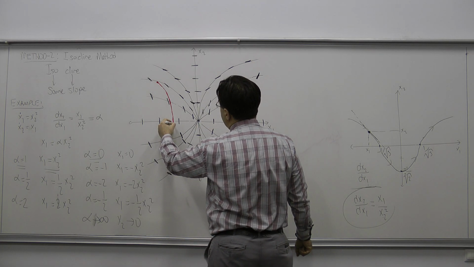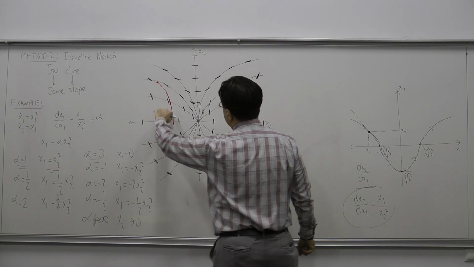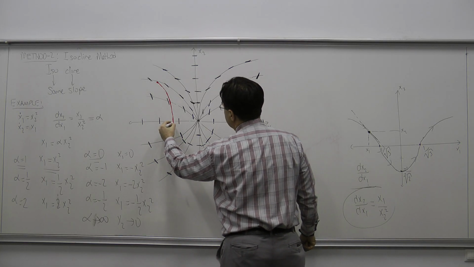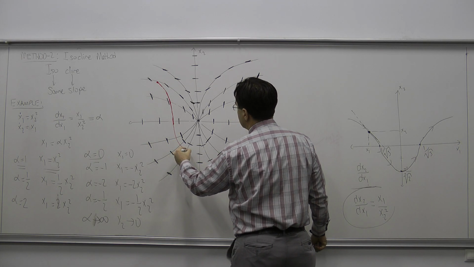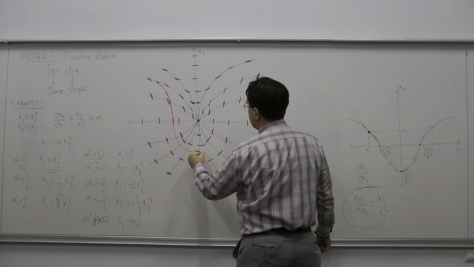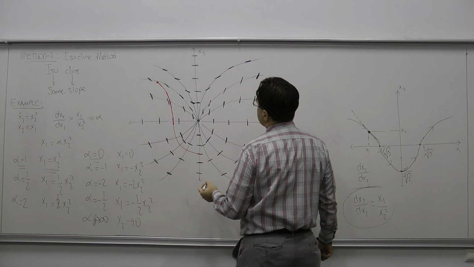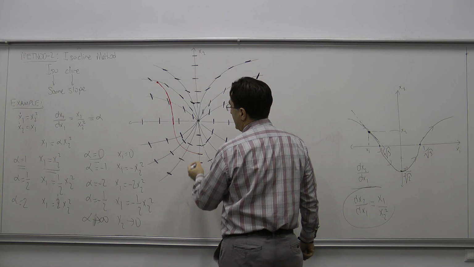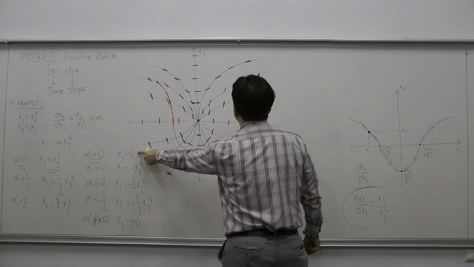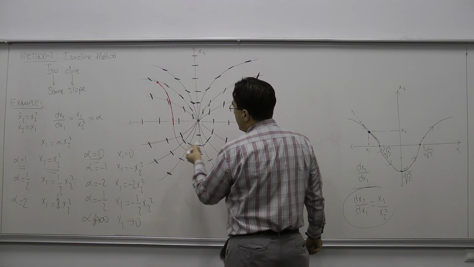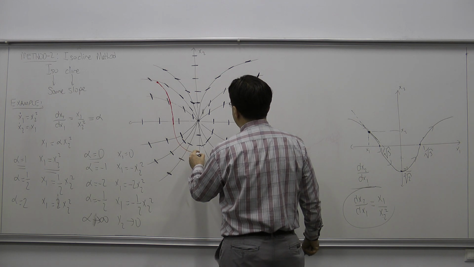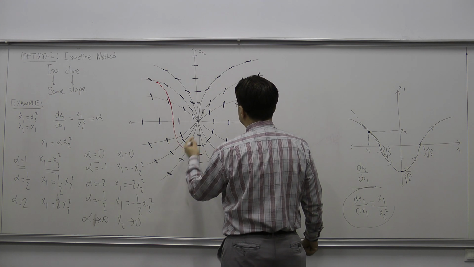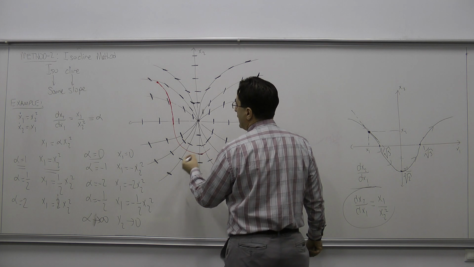And then we start to turn around the origin like this, okay? So the slopes are getting more and more horizontal, and while crossing the x2 axis, we become horizontal because of this one. And then we're going to have the symmetric counterpart of everything. Why is that?